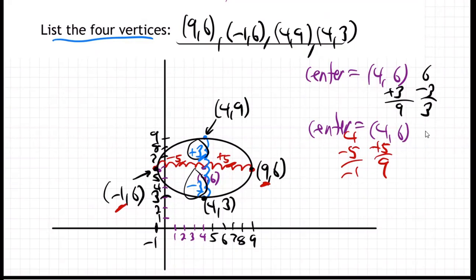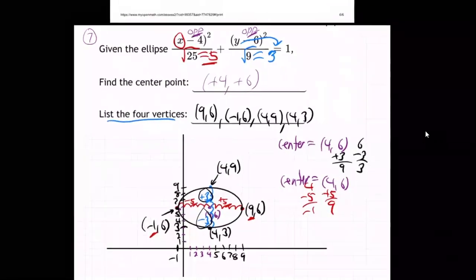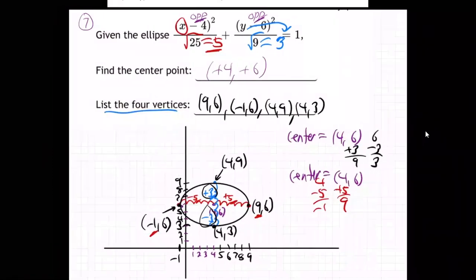So I don't know if I confused you by showing several different ways. I probably did. So long story short, you take opposite of the numbers in the parentheses next to x and y. That's your center, 4, 6, positive 4, positive 6. And then take the square root of the numbers on the bottom of x and y, 5 and 3. That's how far right 5 and left 5 and up 3 and down 3 from the center to the edges.